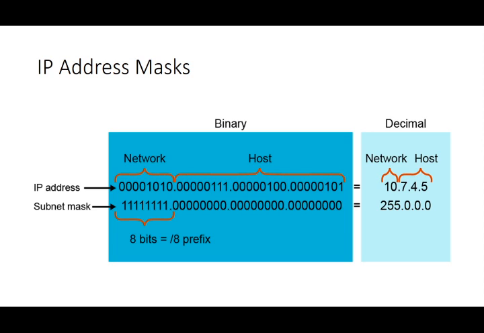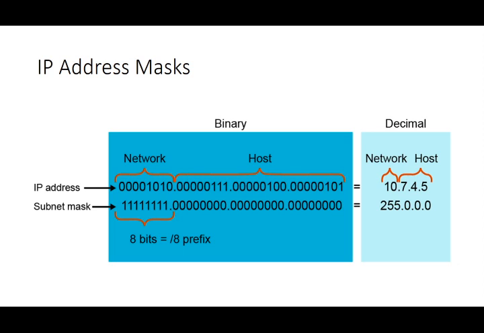When we stack it up against the IP address, any bit in the subnet mask that is turned on, or set to 1, counts the corresponding address bit as a network ID. Here you can see the network ID and the host.